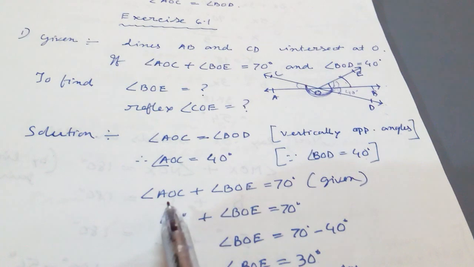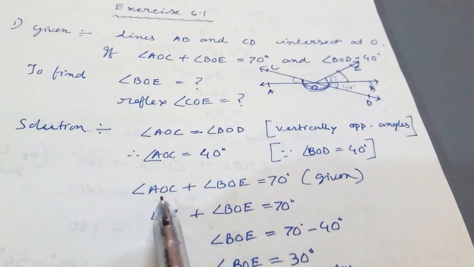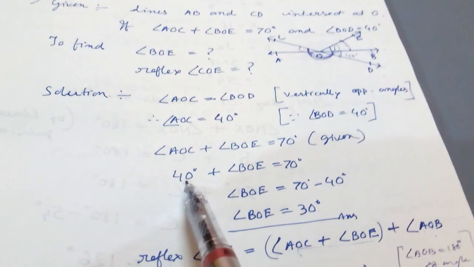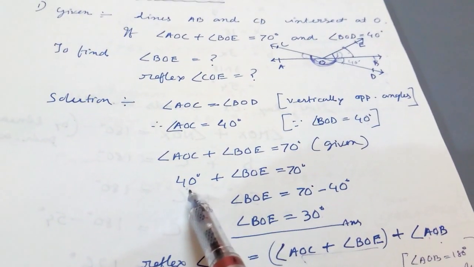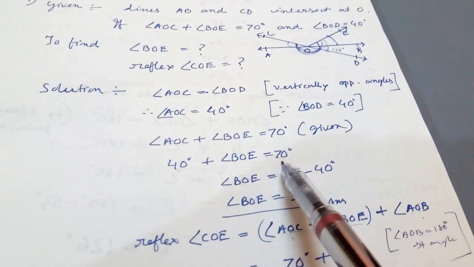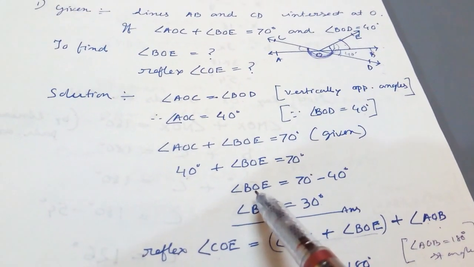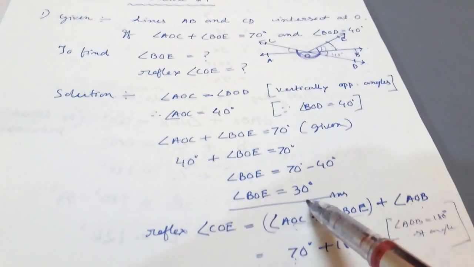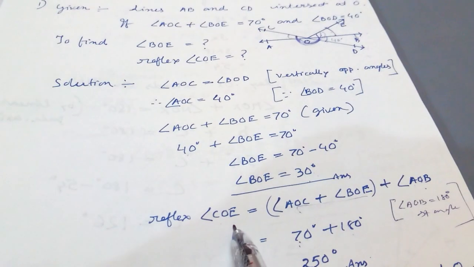Now, given that AOC plus BOE is equal to 70 degrees, we put the value of AOC, 40 degrees, so 40 plus BOE is equal to 70 degrees. Therefore, BOE is equal to 70 minus 40, BOE is equal to 30 degrees. We get one.